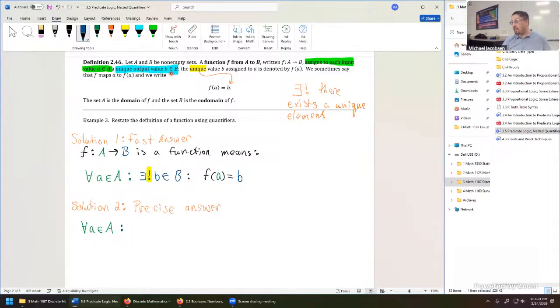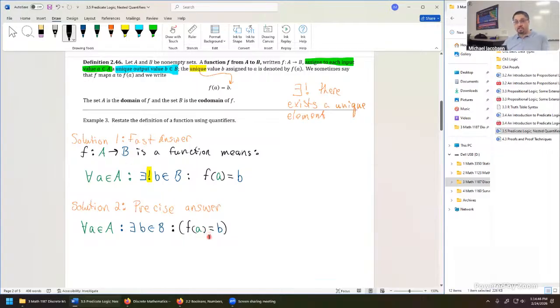We'll say here such that there exists B in the codomain, uppercase B, such that F maps A to B. We still need that statement there, so I'll write F of A equals B. But we have to put this into parentheses because it's going to be a compound statement.